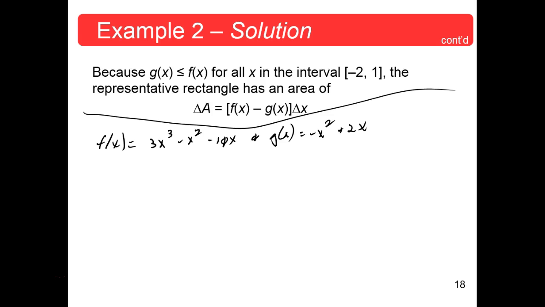Now, if you're really big on graphing, we're probably going to have to graph it anyway. But let's see what we can do if we just do it algebraically. Okay? Now, how would you find your points of intersection?